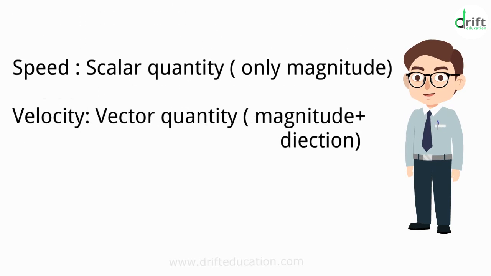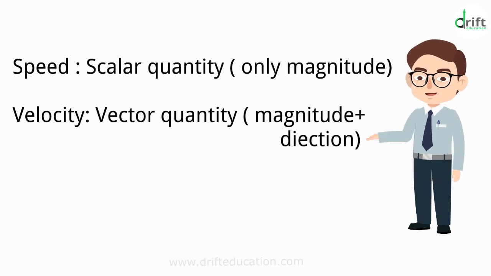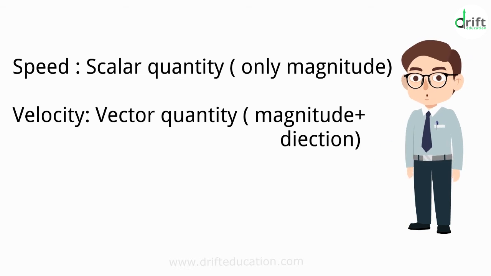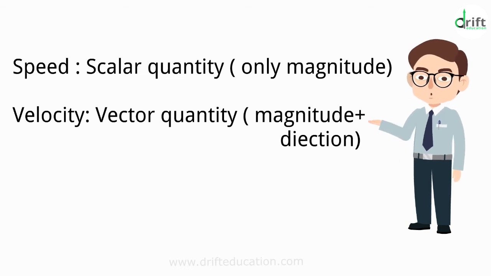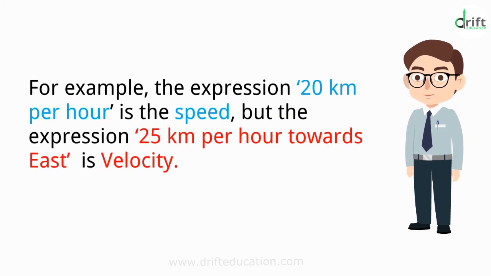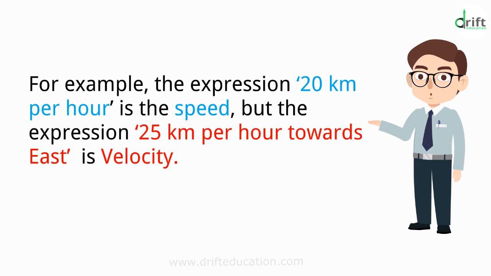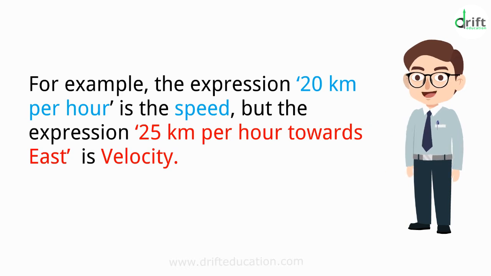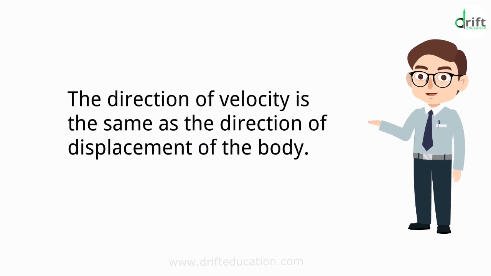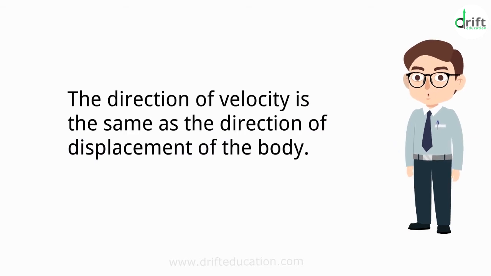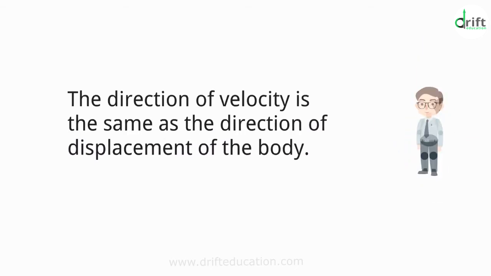Thus, speed is a scalar quantity because it has only magnitude, whereas velocity is a vector quantity because it has both magnitude as well as direction. For example, the expression 20 km per hour is the speed, but the expression 25 km per hour towards east is velocity. The direction of velocity is the same as the direction of displacement of the body.